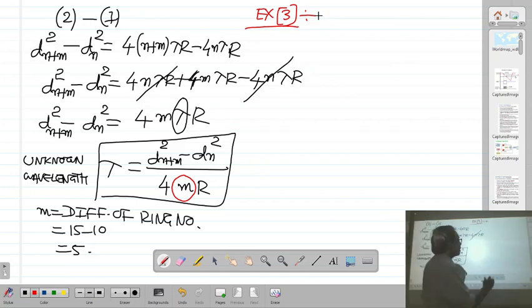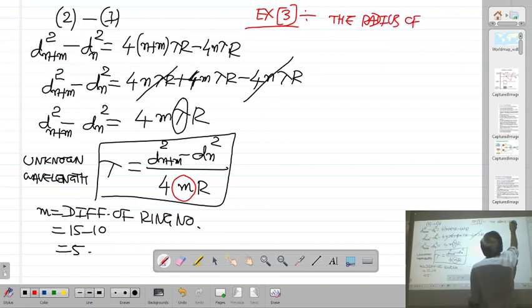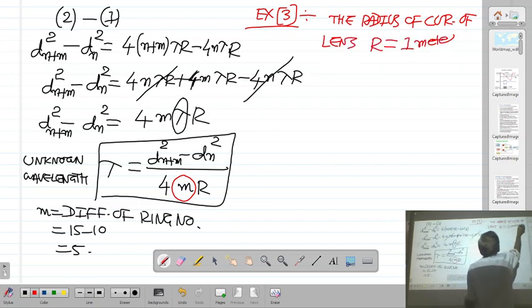The radius of curvature of the lens, r, is 1 meter. You are given the radius of curvature of the lens, which is 1 meter.